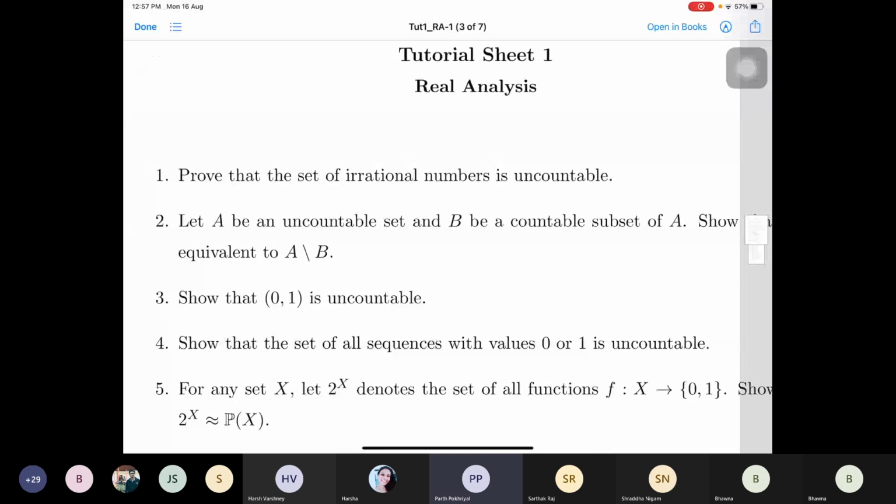Can we say that the set 0, 1 is equivalent to the set of functions from natural numbers to the digits 0 to 9? See, as long as you are proving by using something, and whatever you are using is justified, it's all fine.